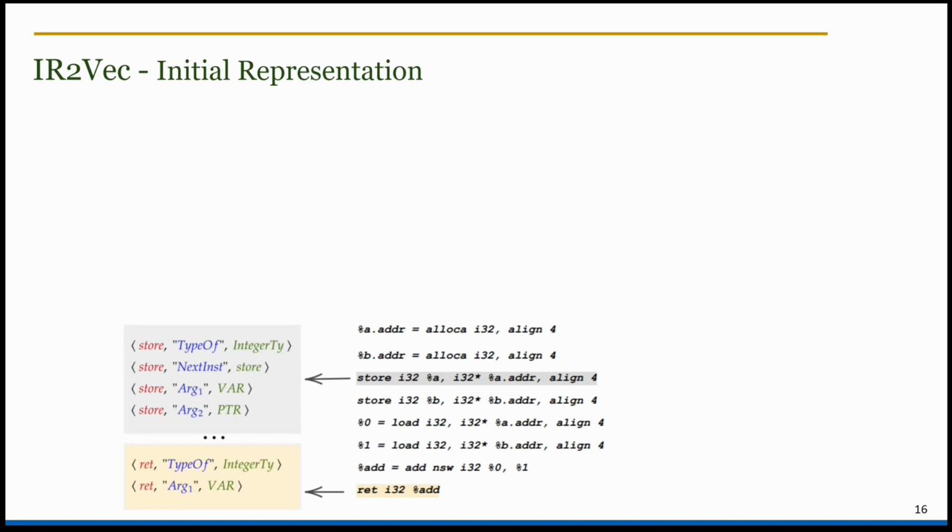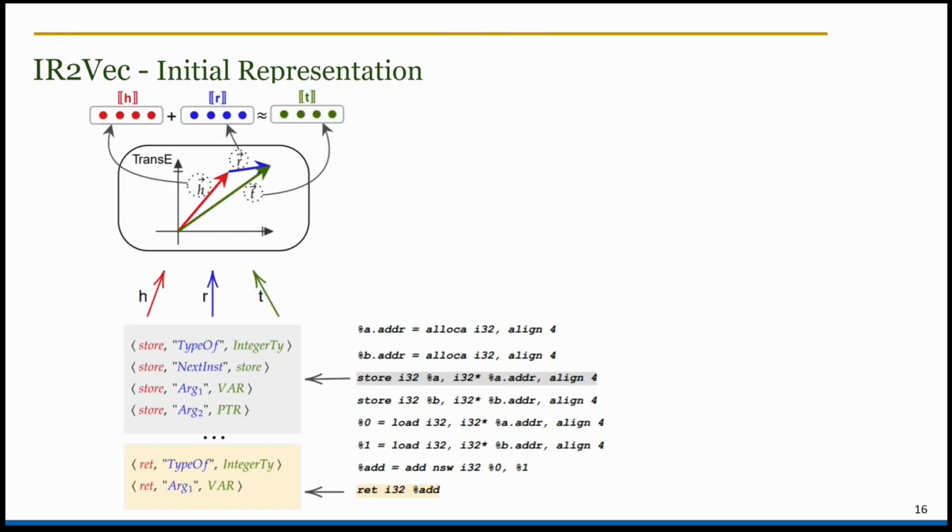Now, once all the statements in the IR are broken down as triplets, we use a model called TransE to learn representations. As I just said, these triplets mean head, relation, and tail, depending on the position. TransE tries to learn representations that satisfy the relationship h plus r equals t in a vector space.